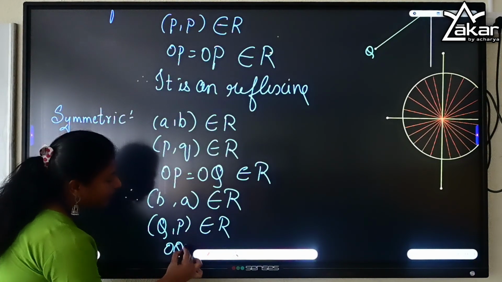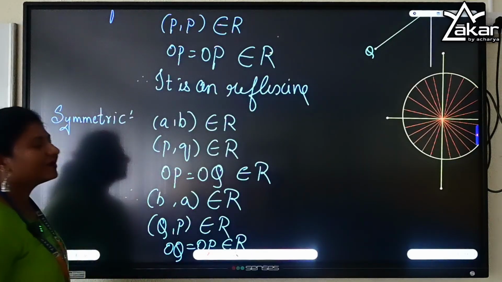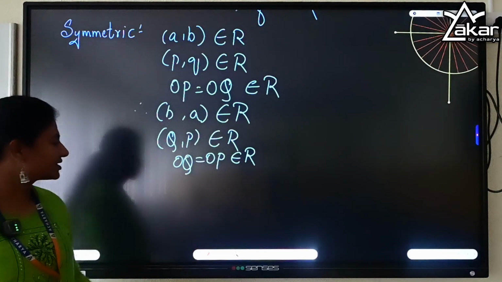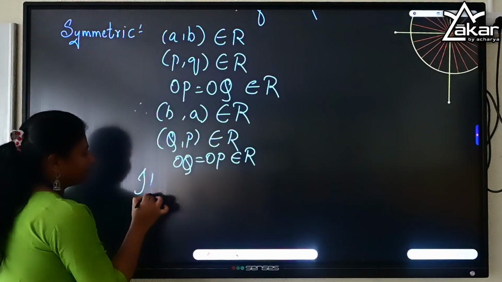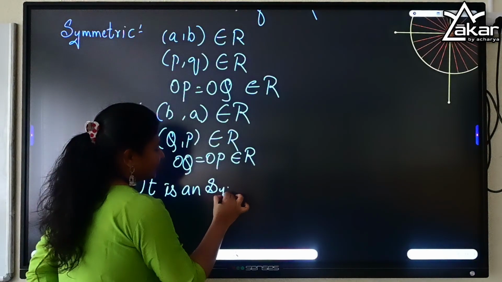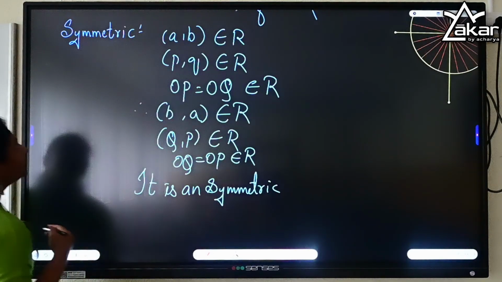So OQ is equal to OP, which belongs to R. Now this proves which condition? Symmetric. Therefore, it is a symmetric relation.